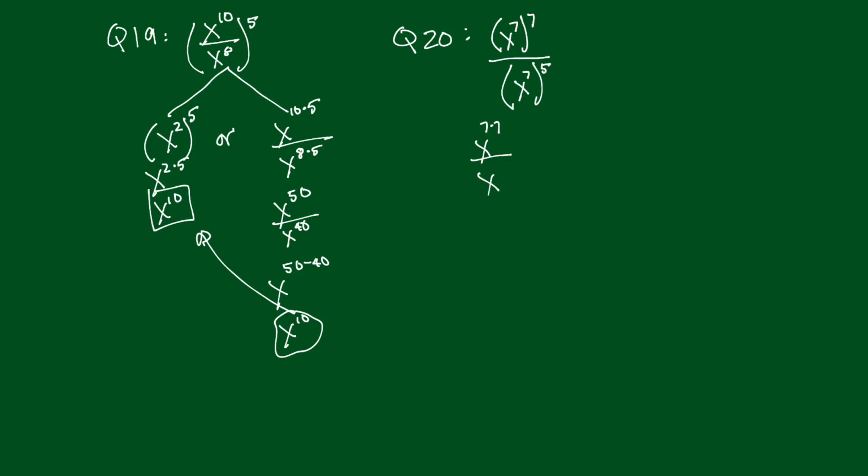And in the denominator, same thing, x to the 7 times 5. So I get x to the 49 over x to the 35th. And now I'm going to subtract the exponents. I got a division, so I subtract the exponents, top minus the bottom. So I get x to the 49 minus 35 is 14.